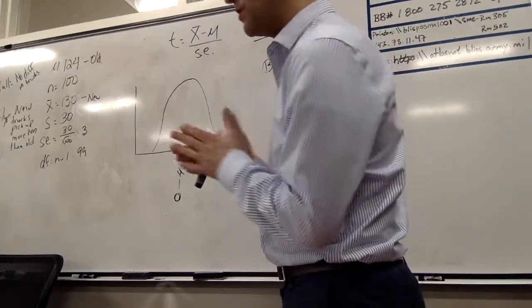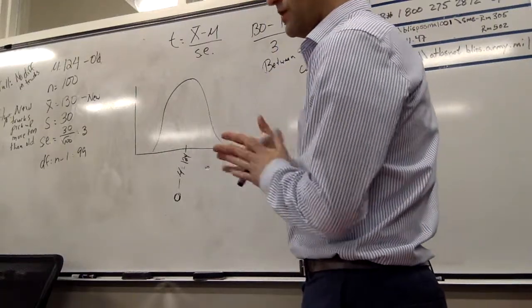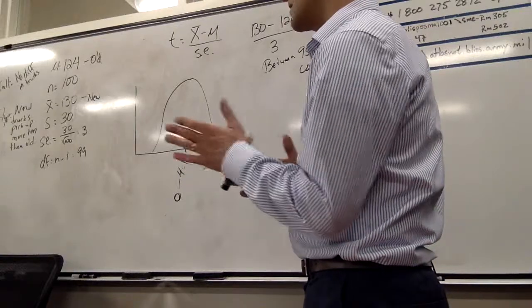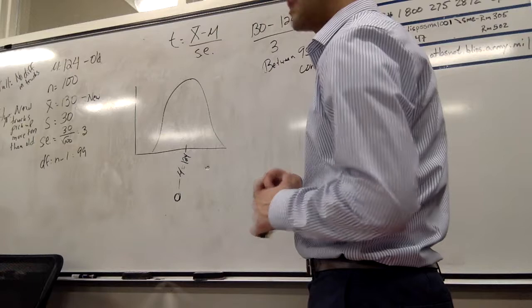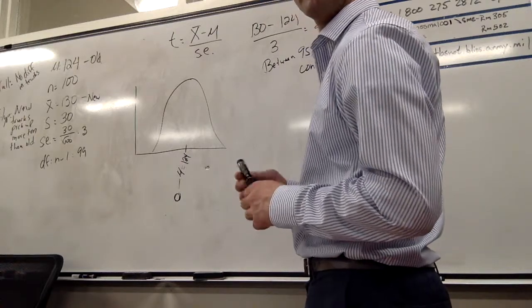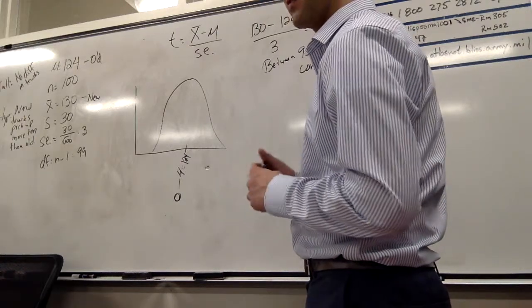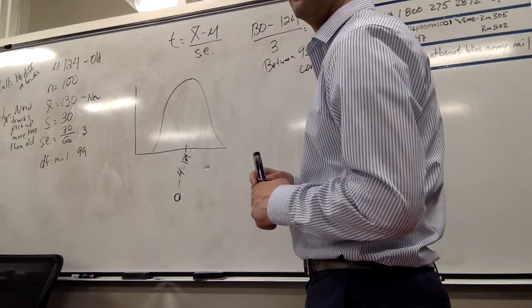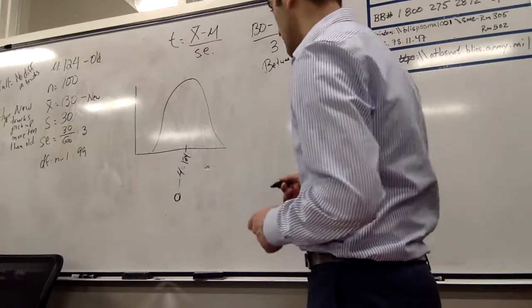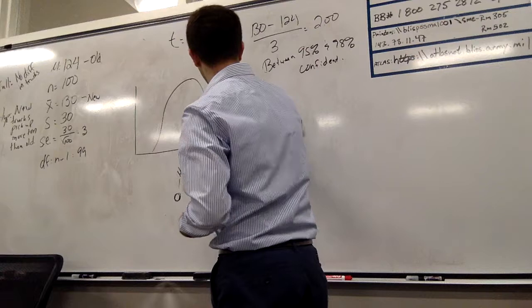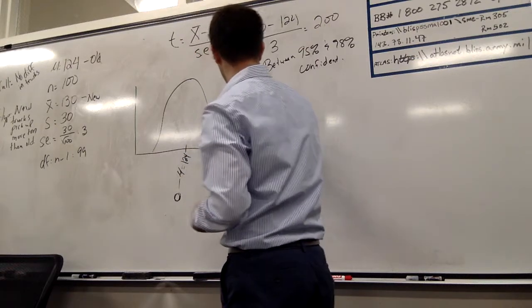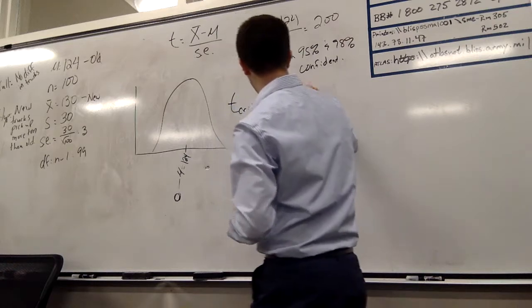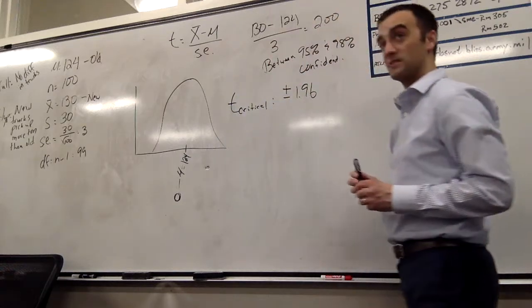For your 95% significance and your degrees of freedom, what is the magic number of 95% statistical significance at 99 degrees of freedom? 1.96. So this can be considered a t-critical value, plus or minus 1.96.